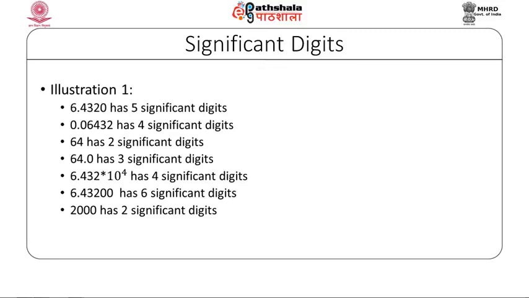Let us take one illustration. Suppose 6.4320. Here all the 5 digits are significant, because 0 is occurring after a non-zero digit after the decimal sign.